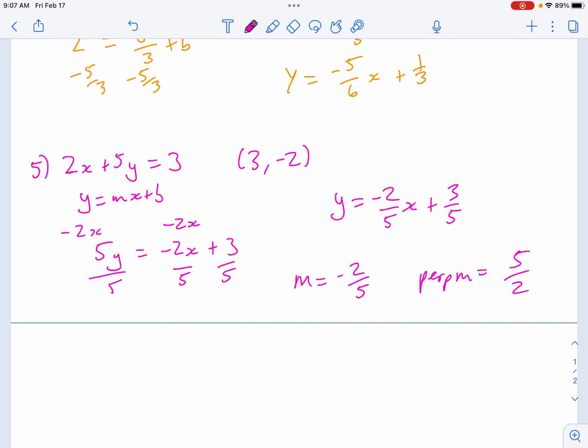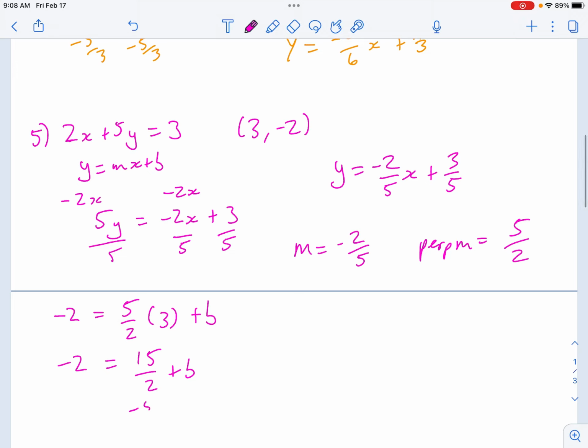So now if I plug in y is -2, my slope is 5 over 2, my x is 3, and then I do plus b. So -2 is equal to 15 over 2 plus b. Well, if I minus 15 over 2 from both sides, I really have -2 over 1 minus 15 over 2 is equal to b.